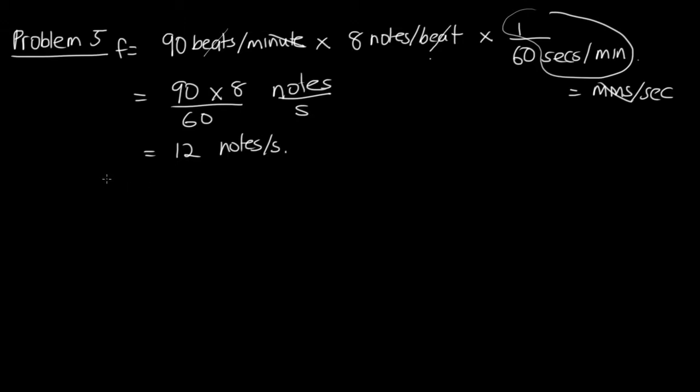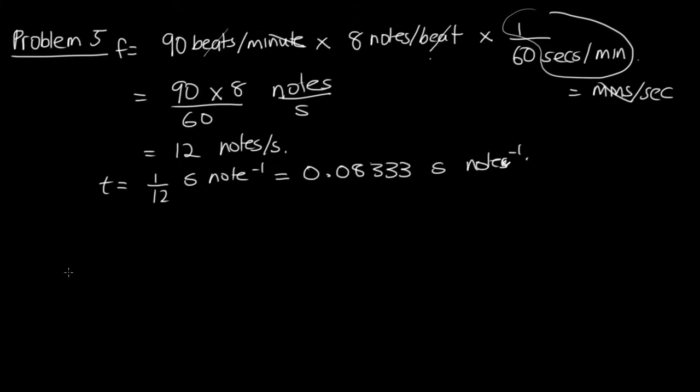So the period of a note is 1 divided by 12, because that's seconds per note. On the calculator, that's 0.08333 seconds per note. Then it asks, if we have 2 musicians and it takes 1 demi-semiquaver to get from one to the other, what distance are they apart?